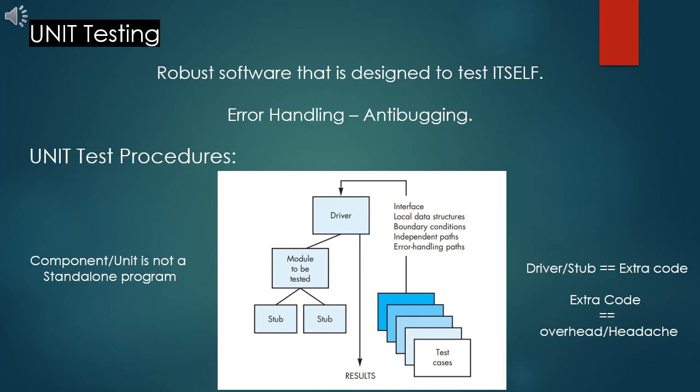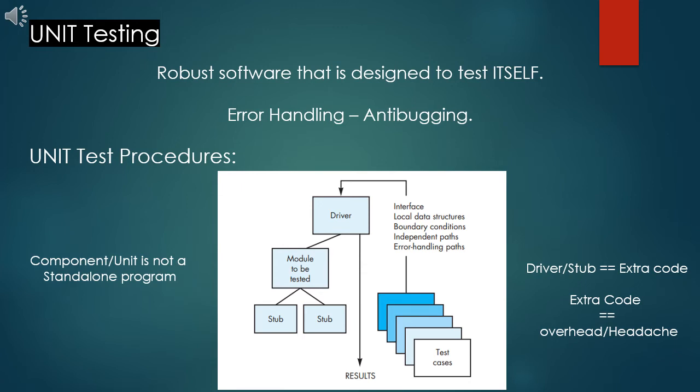So the stub is essentially a dummy program which gives an illusion that the unit under test is part of the whole software. The stub code simply returns a value or does minimal processing so that the unit under test can actually be tested. It serves as a replacement for the dependent units.